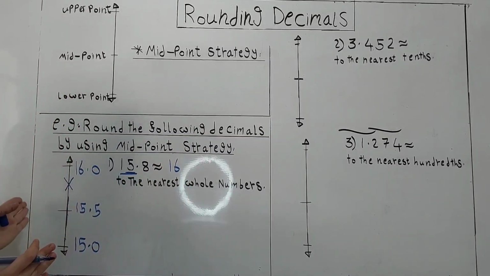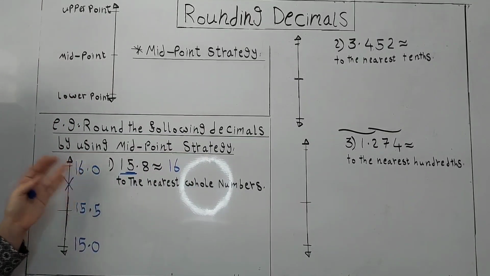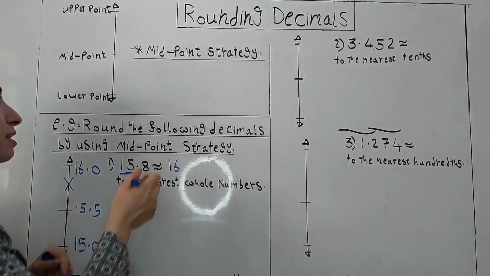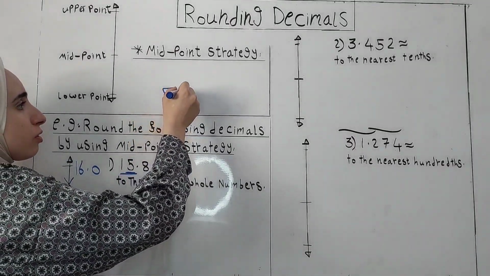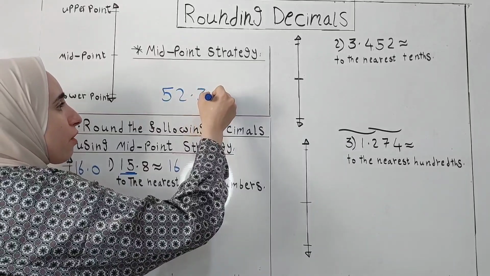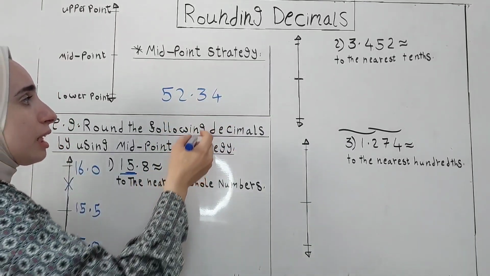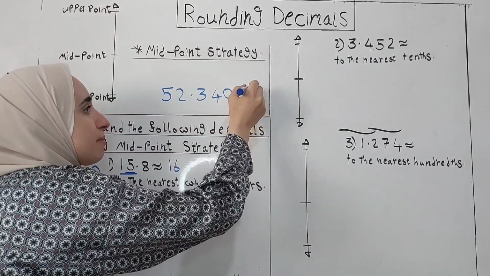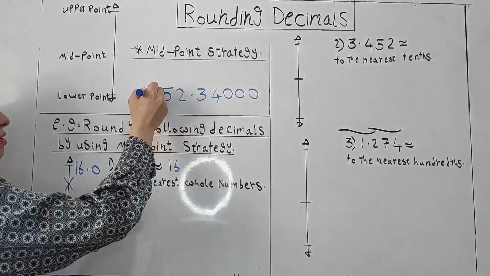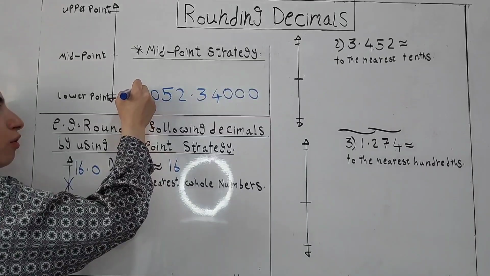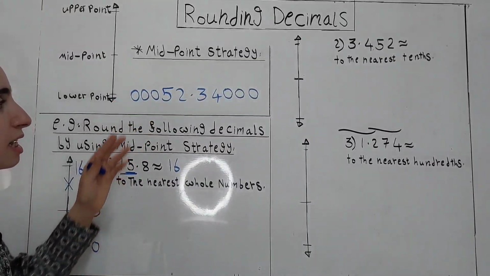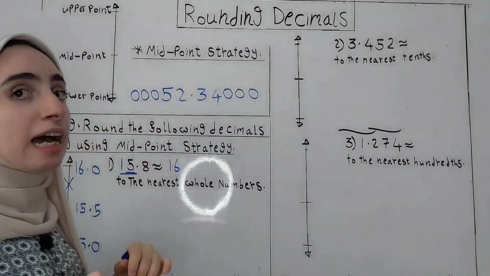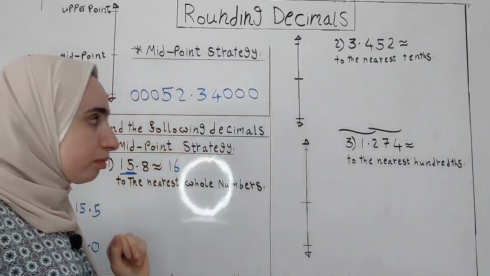Why do we write 16, not 16.0? Because when we have a number like 52.34 and we have 0 at the right of the decimal part and also zeros at the left of the integral part, this 0 does not have a value.